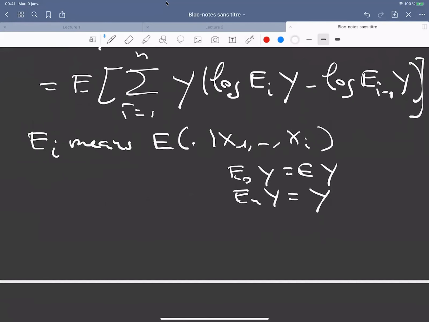Okay, and again, we use the fact that the expectation bracket i of the expectation conditionally to x1 up to xi of y is equal to the expectation conditionally to x1 up to xi minus 1 of y.